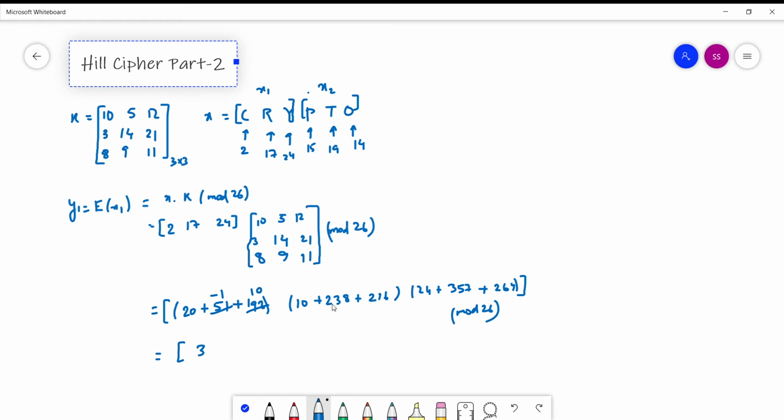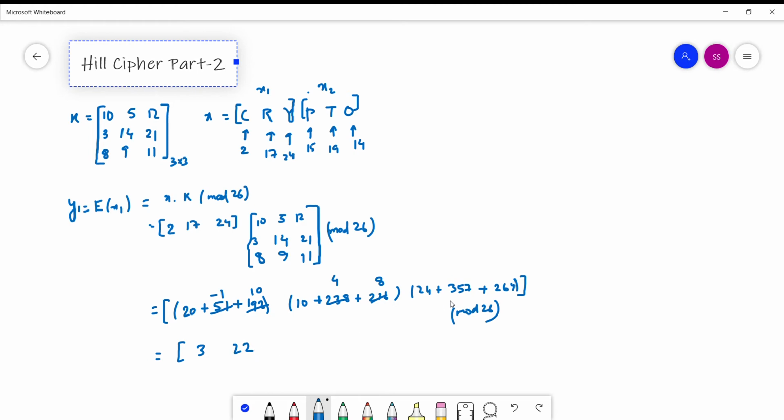So 238 minus 130 is 108, 108 minus 104 is 4. Now 260 minus 130 is 86, 86 minus 78 is 8. So this will become 22.